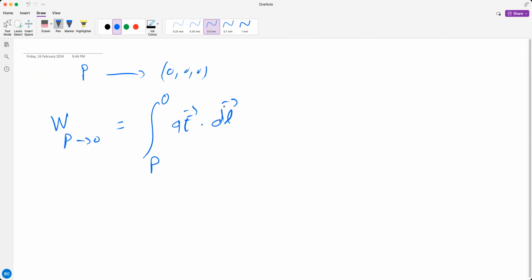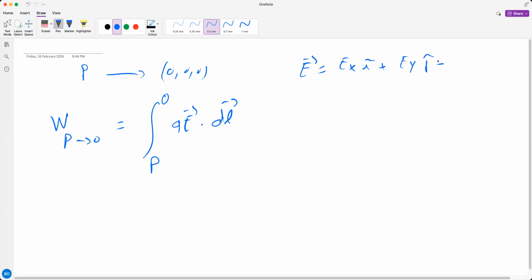Is this clear? Now, I know that E has Ex i plus Ey j plus Ez k. And I know that dl is an infinitesimal displacement along x, plus an infinitesimal displacement along j, plus an infinitesimal displacement along k.